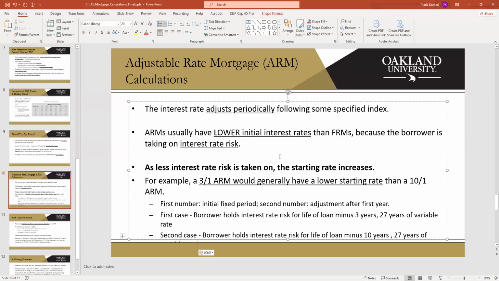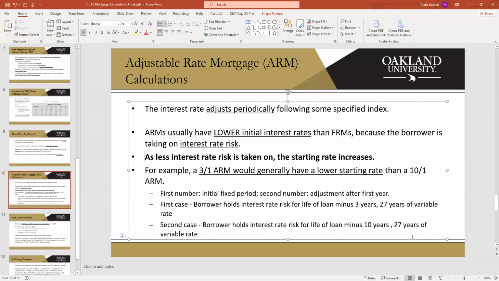In the second case, we have essentially 30 years of loan, 10 years are fixed rate, and then 20 years of variable rate, right? So the borrower is only holding interest rate risk for 20 years. That's why the first ARM will have a lower interest rate: because the borrower has to take more risk, they get a lower interest rate.